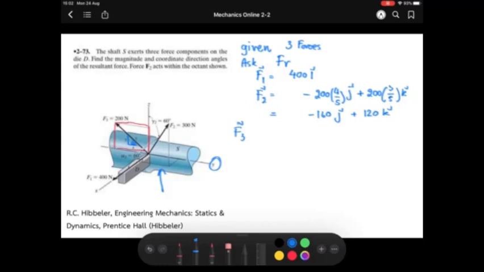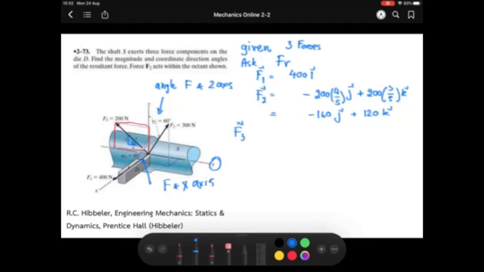How about F number 3? In this question, they give you two angles, but it is quite a trick question. The angles that they give you are the angle between F and the z-axis, and the angle between F and the x-axis.